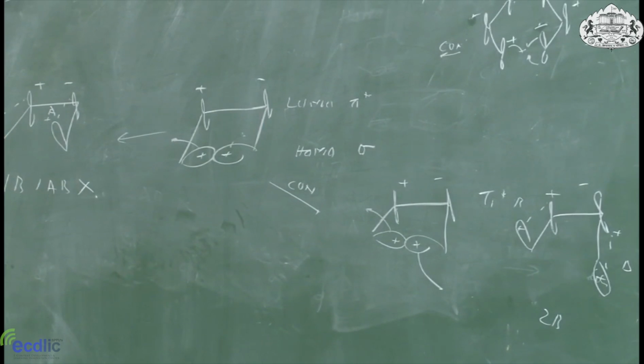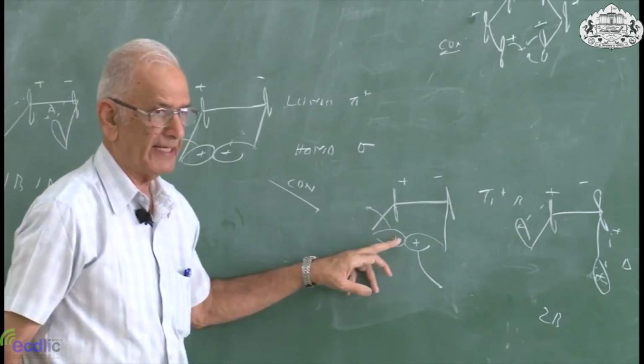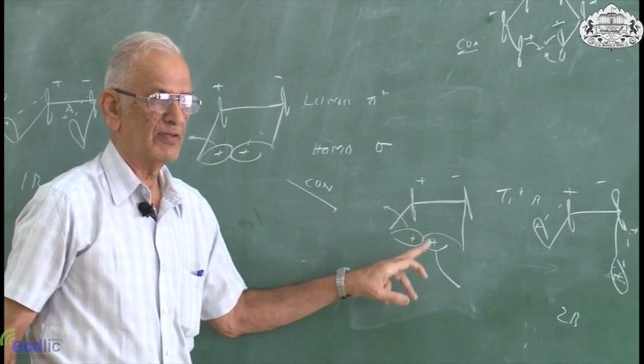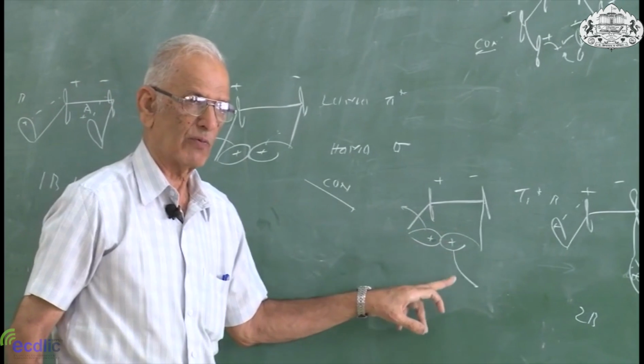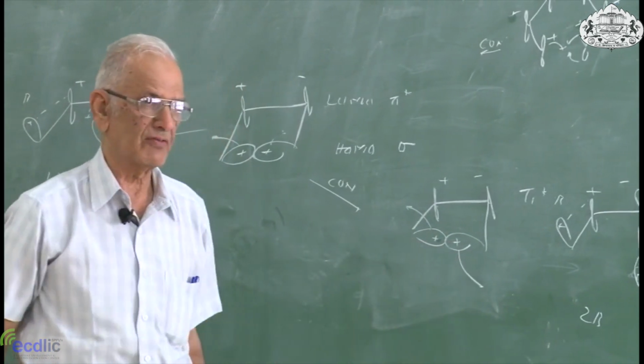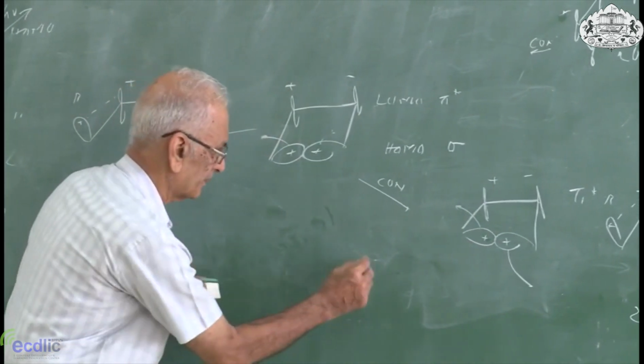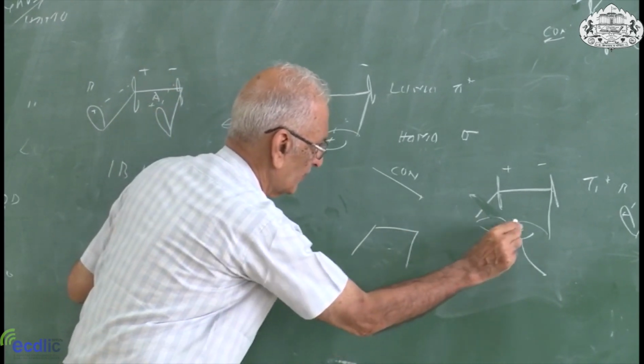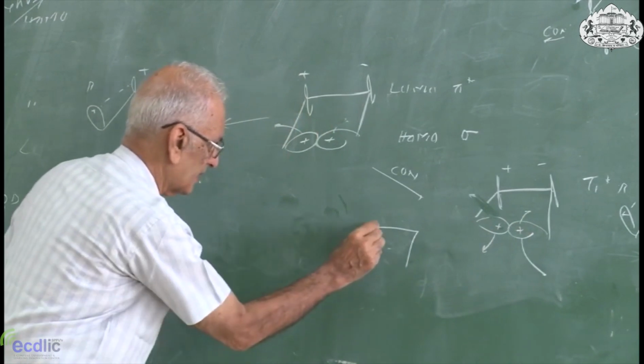Then somebody will say, all right, you move this one anti-clockwise, you move this one also anti-clockwise. Now move both of them clockwise. So, move this clockwise, move this clockwise.